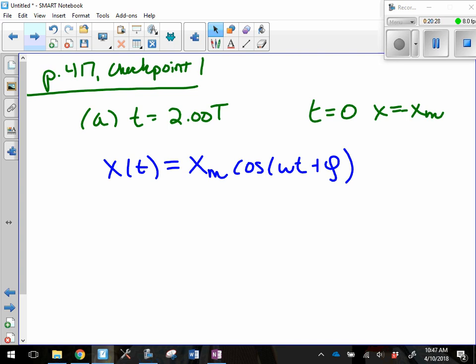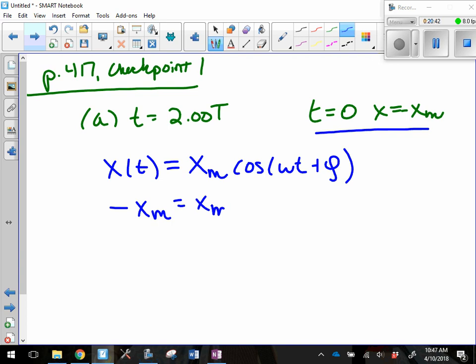So the phi is a function of our initial conditions, which we have up here. So when t is equal to 0, x is negative xm. And if I substitute that in, my equation looks something like that.